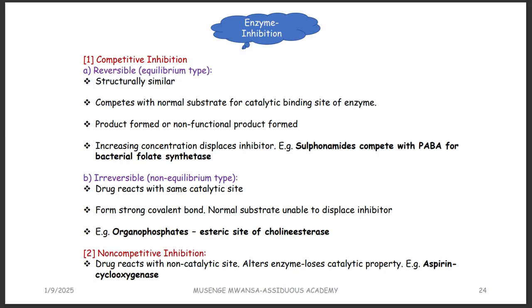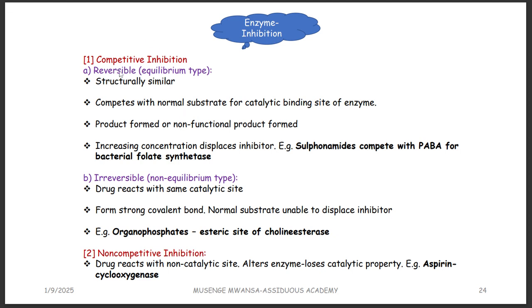So sometimes what happens is that, remember we said that some of these receptors are enzymes in nature. So if the receptor is an enzyme in nature, you can have drugs that can compete with the actual substance or substrate that you're supposed to bind to this enzyme. So I've got competitive inhibitors and non-competitive inhibitors.